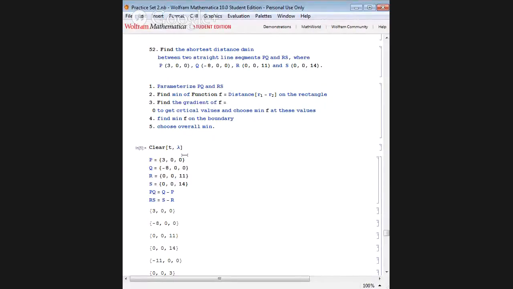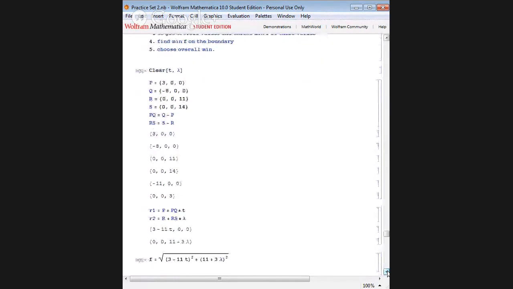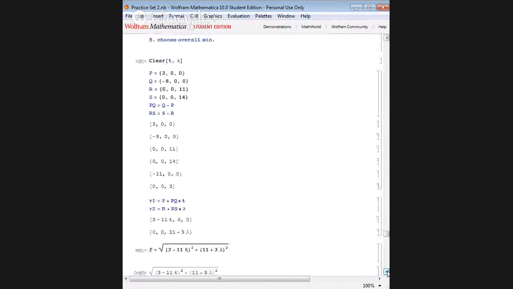I've looked at the parameterization and I've got my screen up. You can see where I found PQ and RS. I'll let the computer do it because last time I kept messing up my subtraction.